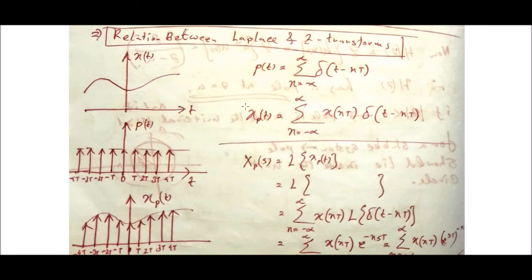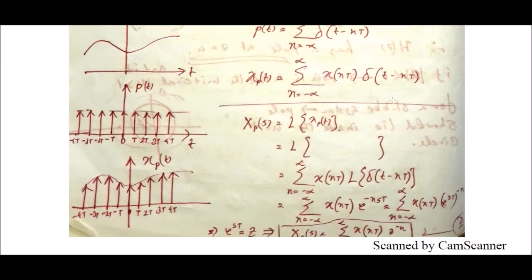So if you multiply this signal with this one, it will take the samples of the signal at these points. Now n starting from minus infinity up to plus infinity, x(nT) delta(t minus nT). That is the sampling theorem.